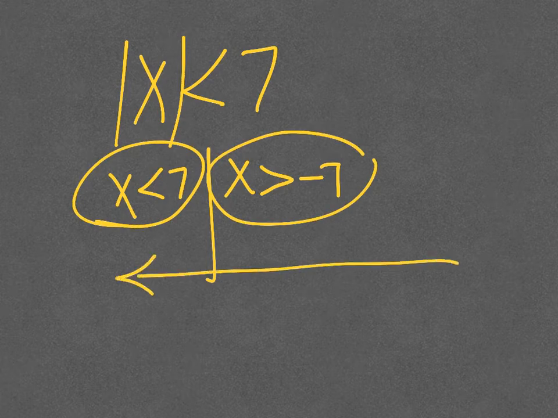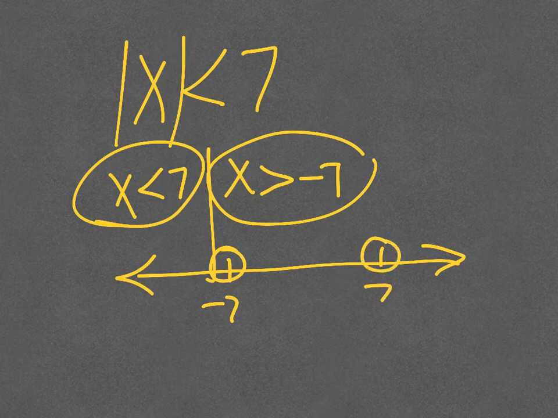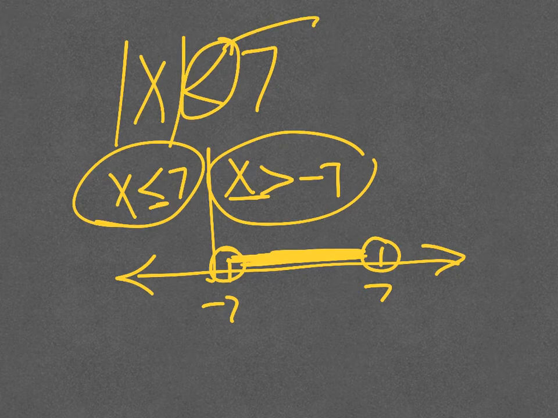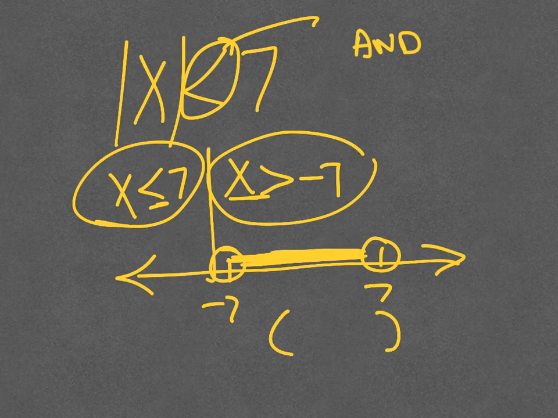On a number line, you would have negative 7, open circle, positive 7, open circle. This says it's greater than, this says it's less than. Remember, this is a less than at the beginning, which means it's going to be an and. Interval notation is parentheses because we don't have any closed circles, right? So negative 7, 7, just like the number line, same order.